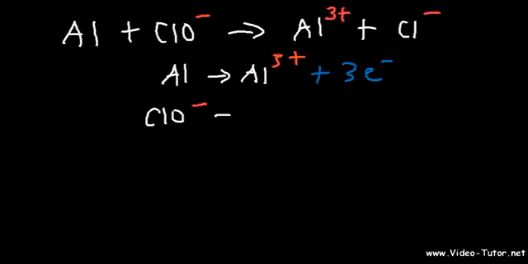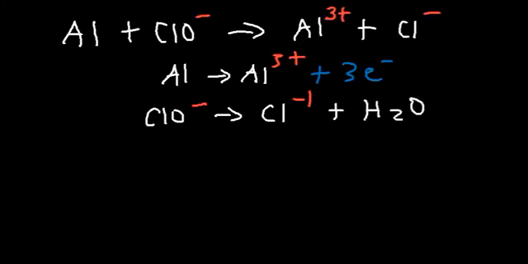For this one, we have to balance the number of atoms before we can balance the charge. We have one oxygen atom on the left, so we have to add H2O to the right side. Now we have two hydrogens on the right side, so we add 2H+ on the left side. Now the atoms are balanced.